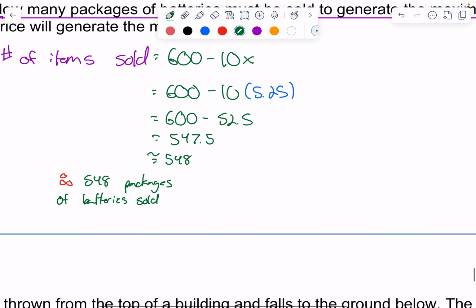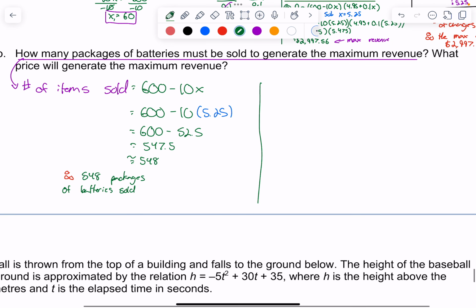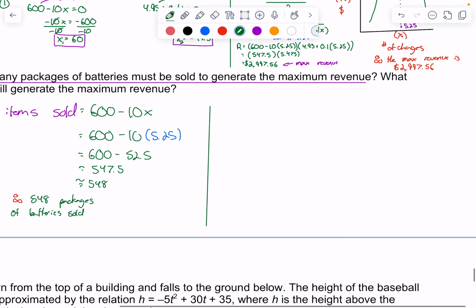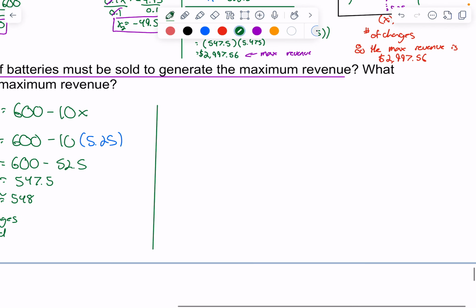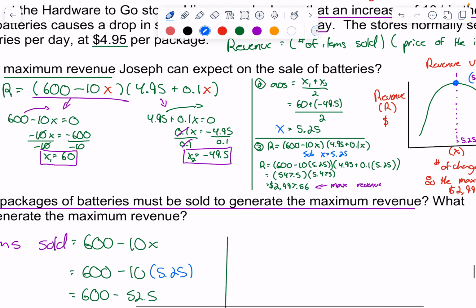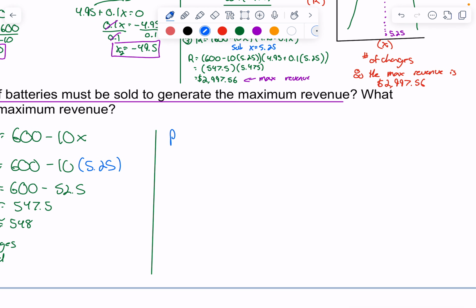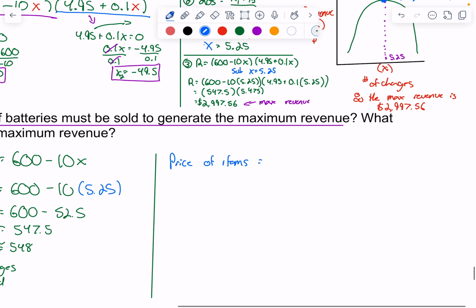Okay, well, part 2 of that same question, what price will generate the maximum revenue? Well, the price of the item sold is this bracket right here. So price of items is equal to $4.95 plus 10 cents for every change that you do.